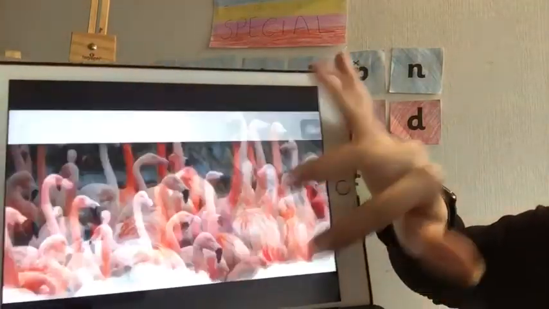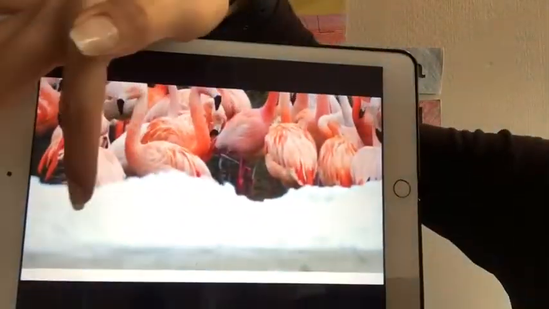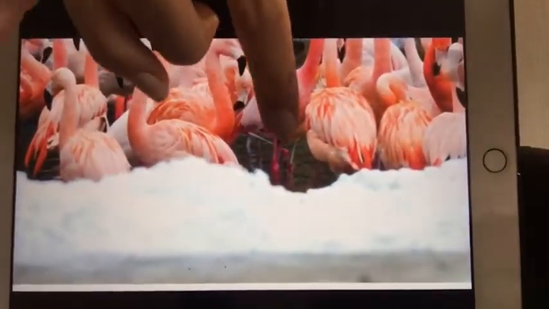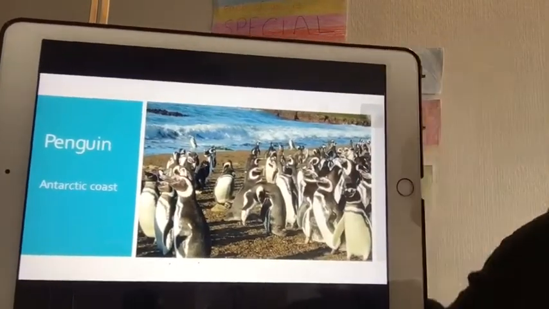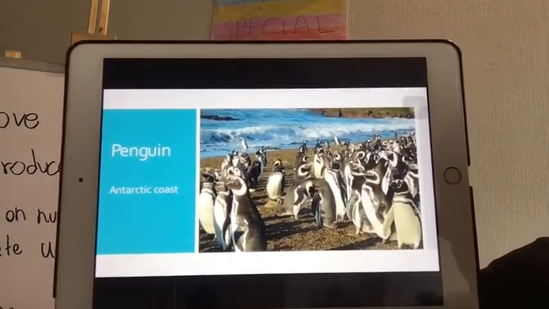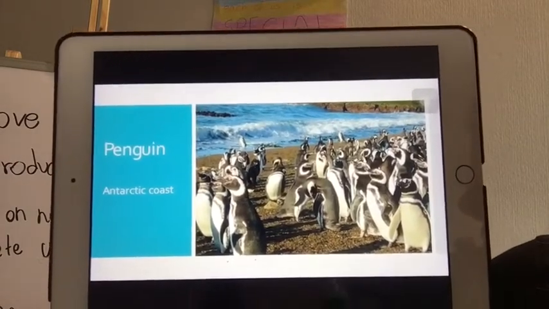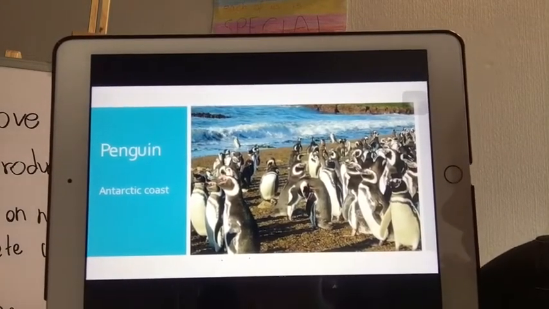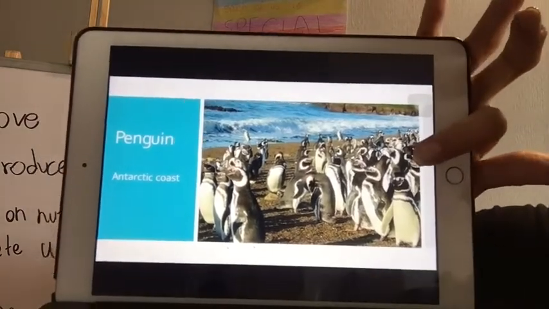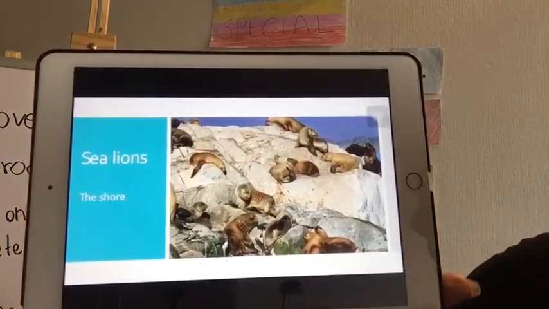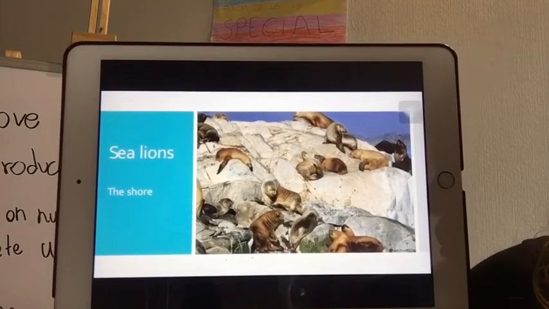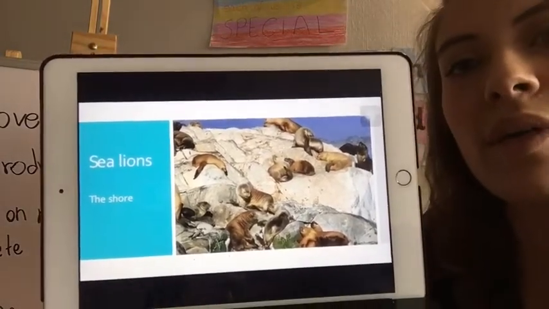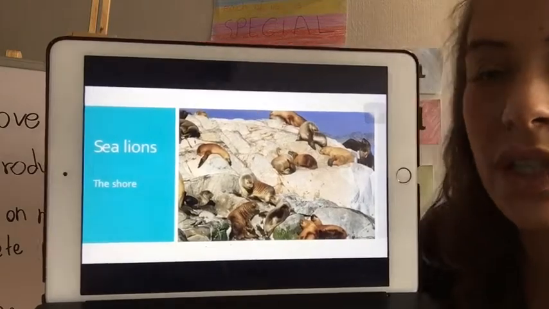Look, here you can see they are in the lake and it's salty. Penguin. They live in the Antarctic coast. Sea lions. They live in the shore, okay, next to the ocean.